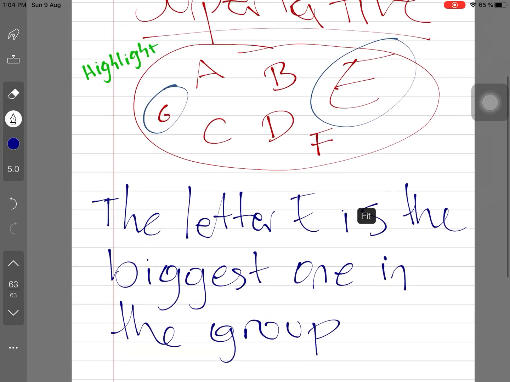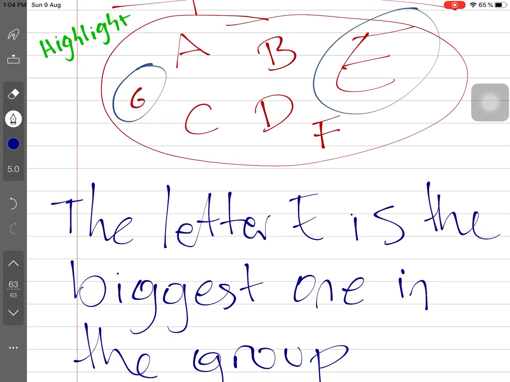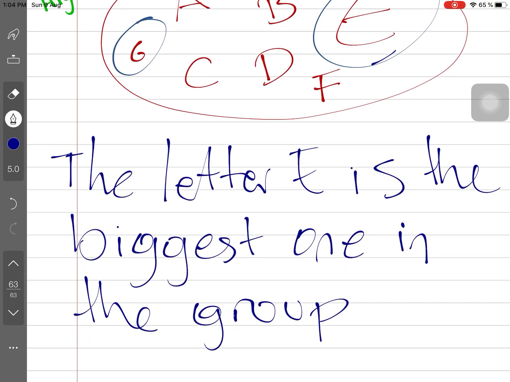Yes, so we highlight the most predominant characteristic of the letter E. Good. So we say the letter E is the biggest one in the group.